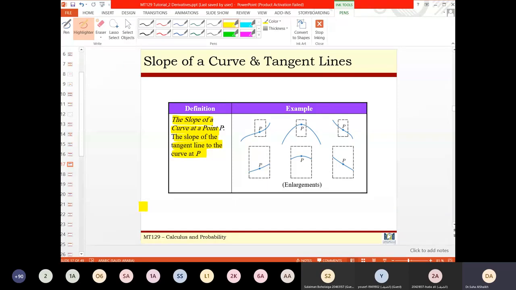Okay? It could happen sometimes that the line just passes through the curve. For example, say this is not a function. Say you have this one here, and here, this one. The tangent line will go like this.